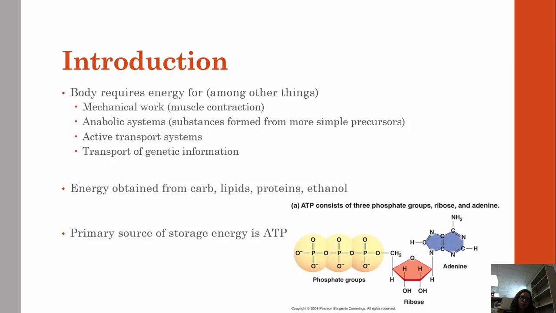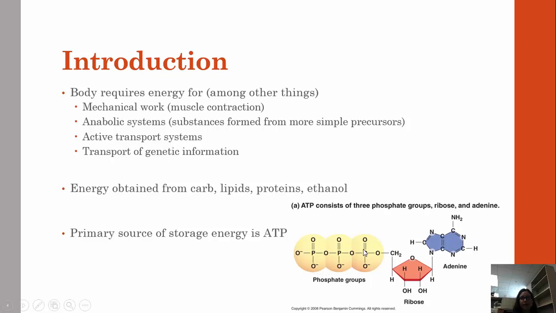Now, our primary source of storage is adenosine triphosphate, or ATP. We will become very intimately involved with this compound as we move on in this course. So, this compound is an adenosine molecule attached to a ribose, and then our major site of action is this triphosphate here. So it could be ADP, diphosphate, AMP, monophosphate, but basically, this is the site of action.